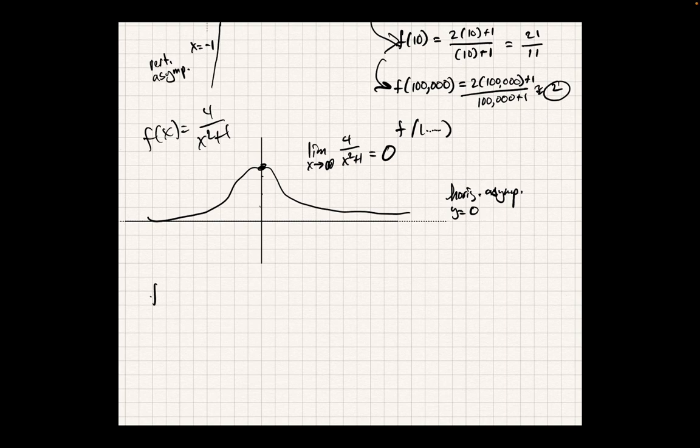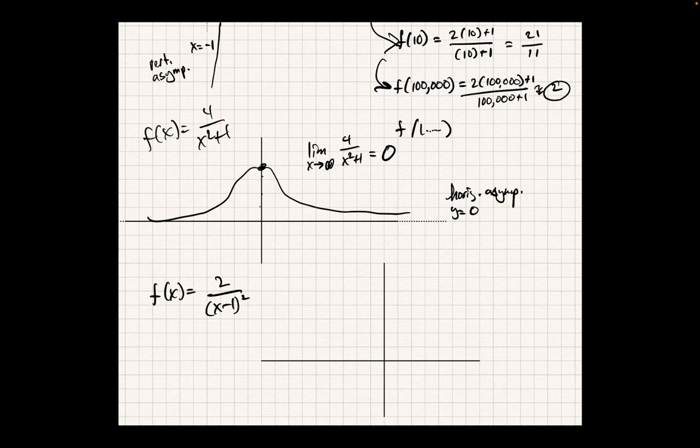Okay, so I'm going to graph f of x equals 2 over x minus 1 squared. And where are we expecting a vertical asymptote?